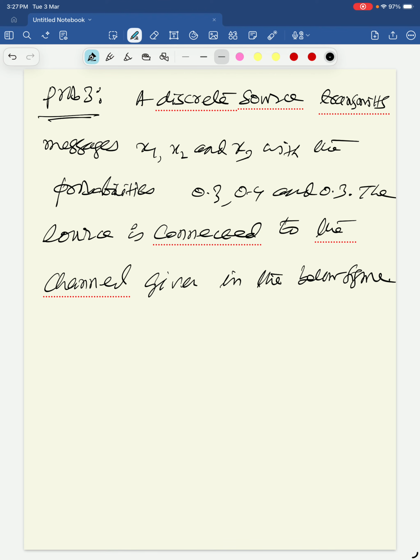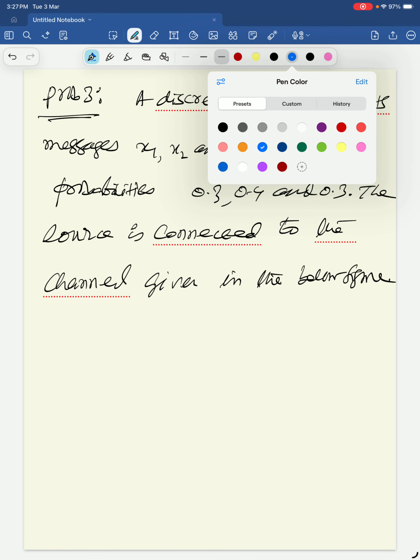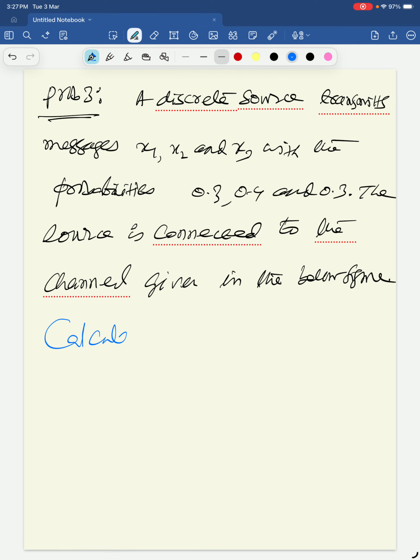Now what is the question? Question is: calculate all the entropies. What I mentioned is that already we have calculated in our problem 1. Okay. So just I am giving the figure.